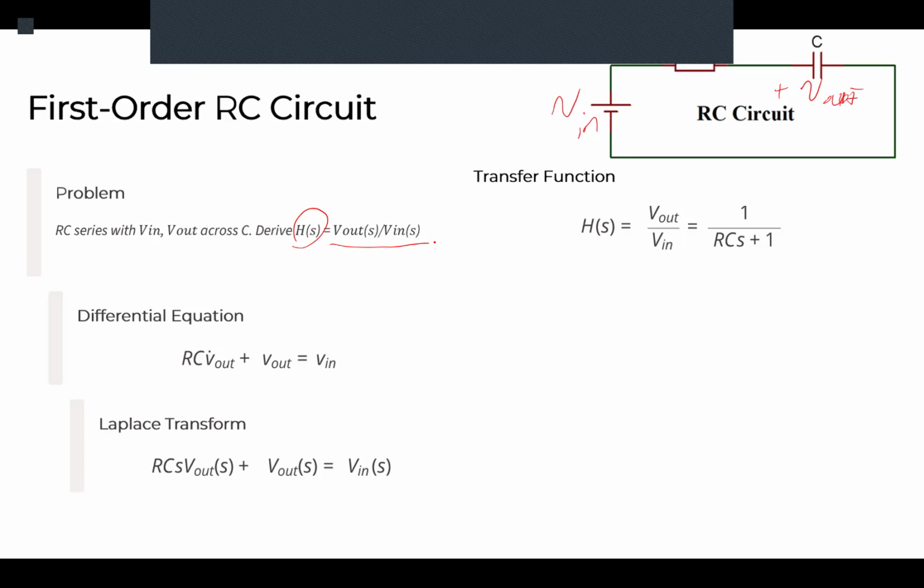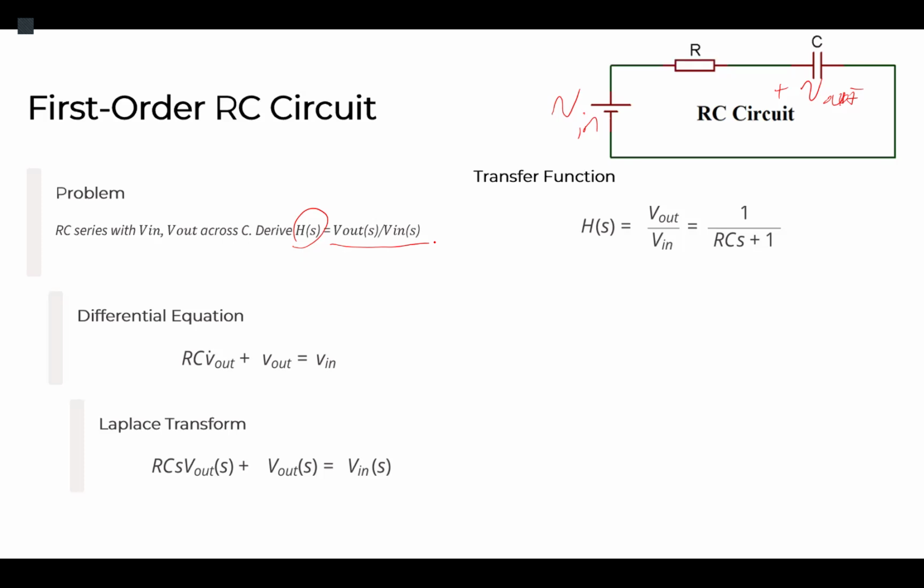Now, what can we do? We have two ways to solve that. One is a differential equation, so basically you run KVL over this loop. Another way, which is easier, since we already did the KVL in the previous session, is another approach.